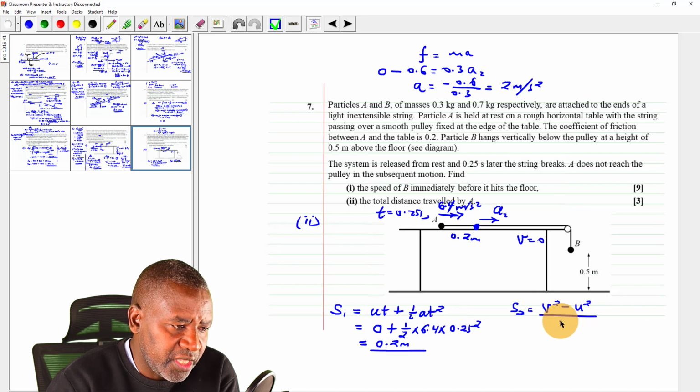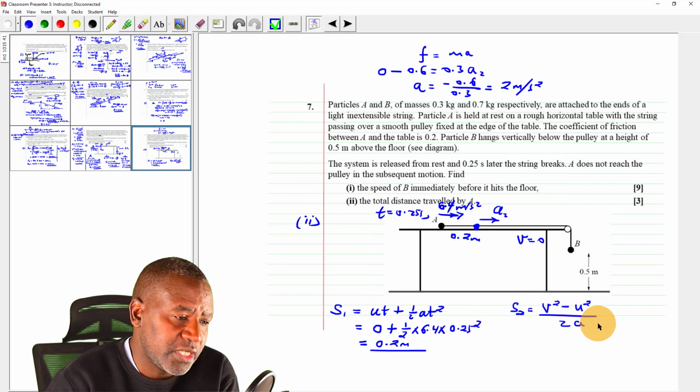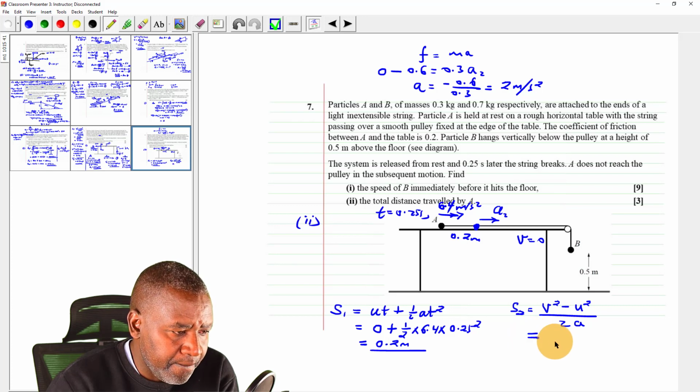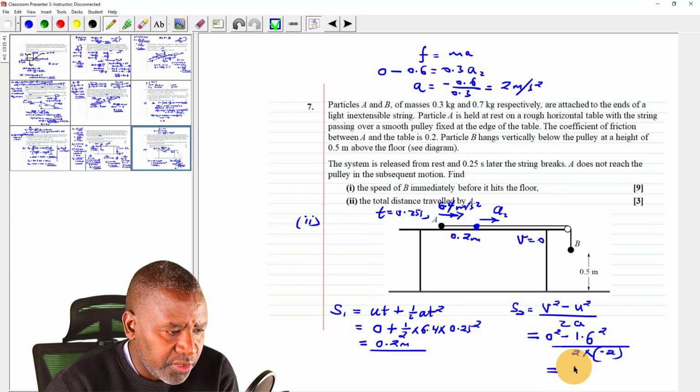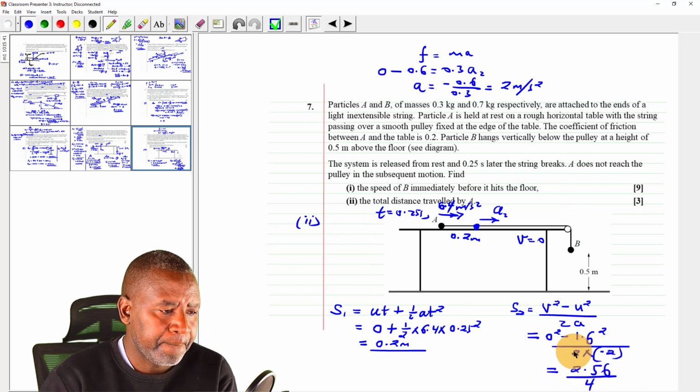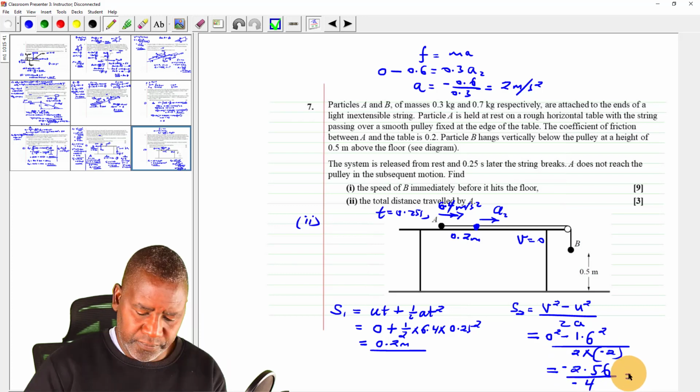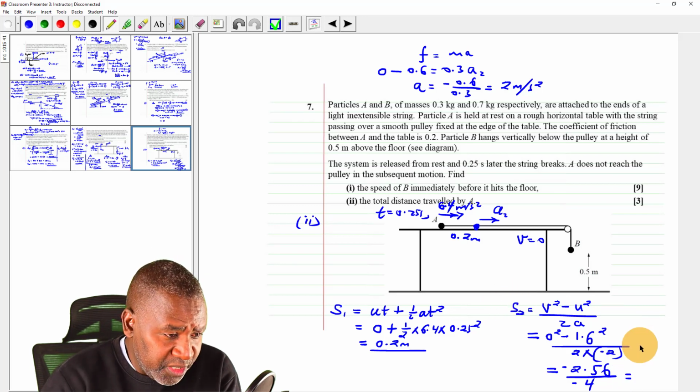I'm avoiding the equation with the time because I do not know the time. So this one will be 0 squared minus 1.6 squared over 2 times, of course, minus 2. This one will be 2.56 divided by 4. That gives me 0.64 meters.